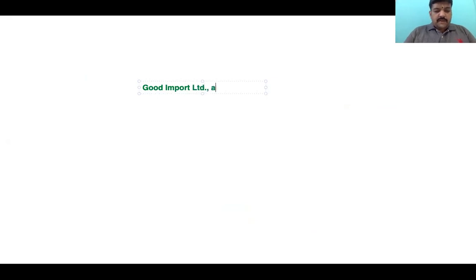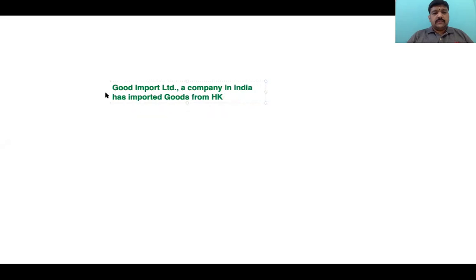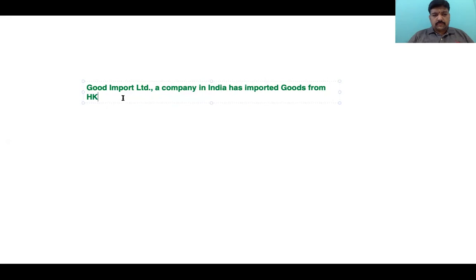Good Import Limited, a company in India, has imported goods from Hong Kong for a CIF value of $50,000.